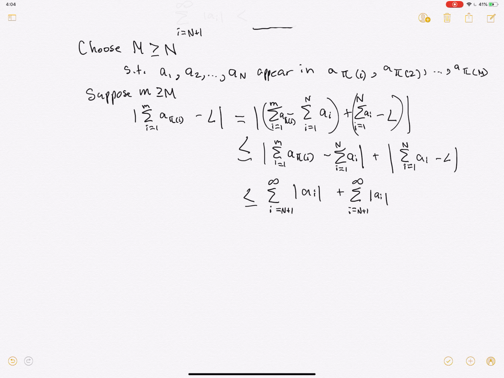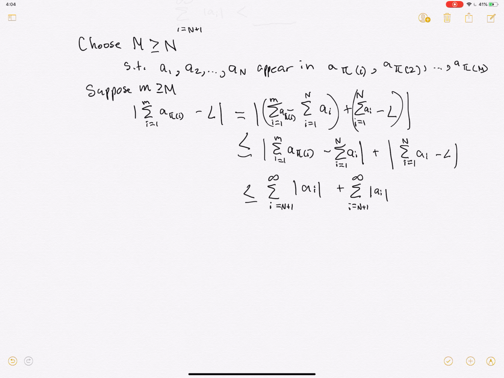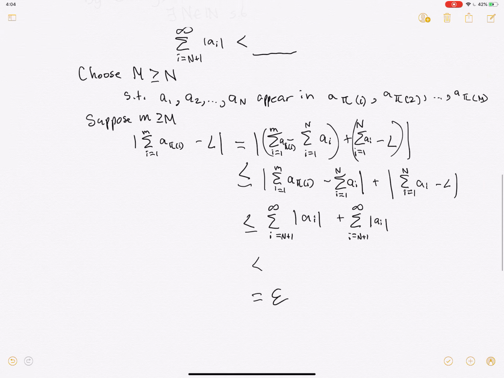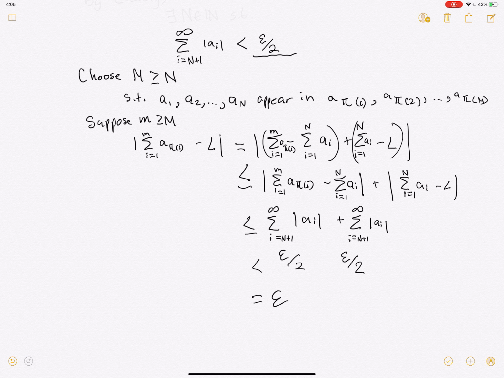So you're applying the triangle inequality to every term in the sum in both inequalities. Now we have two things added together and we want to make it epsilon in the end. And we have this inequality up above, and we just fill that in so it looks nice in the end. So that completes the proof.